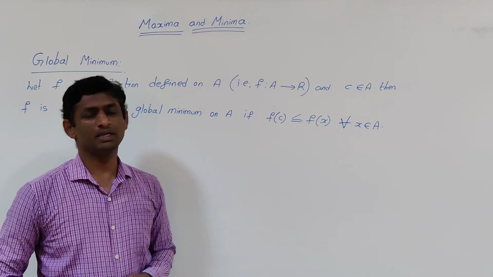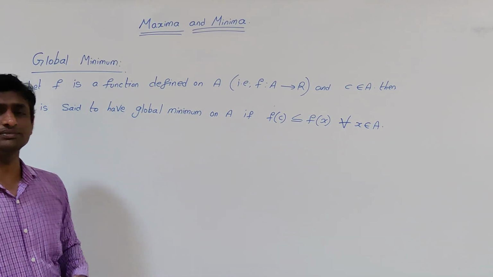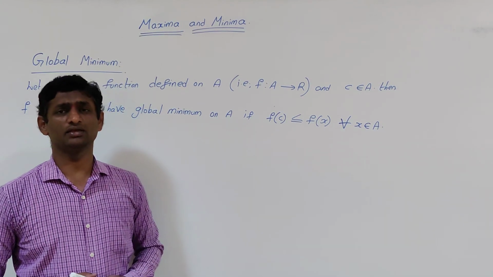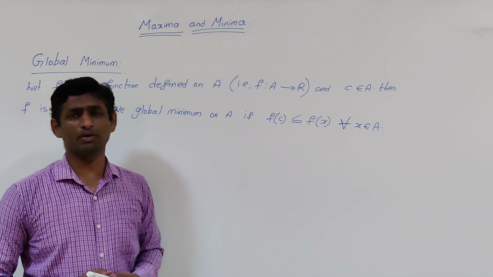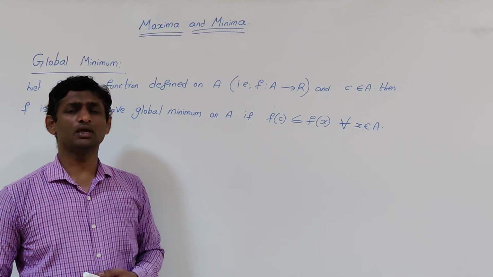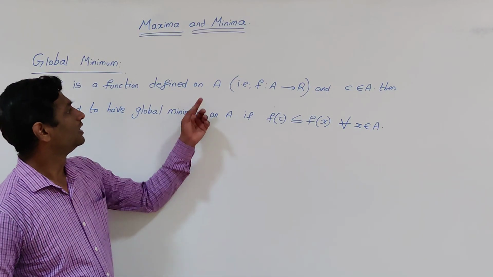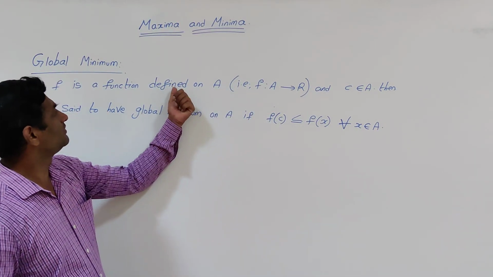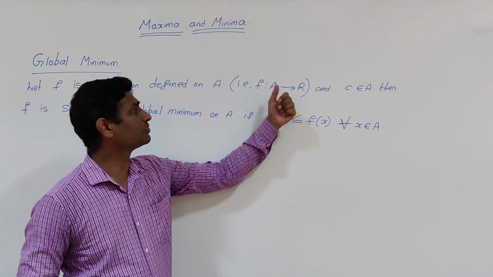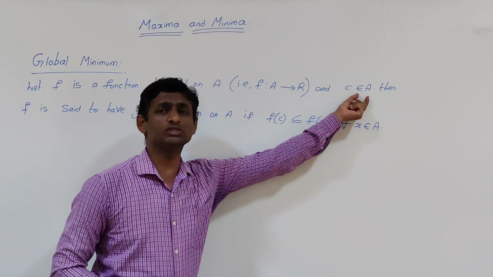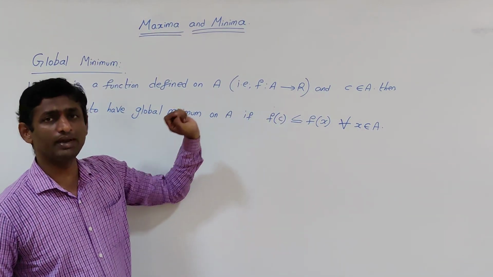Global minimum. Let f be a function defined on A, where A may be any interval, that is, a closed interval [a, b], an open interval (a, b), a half closed interval, or a half open interval. Defined on R, that means f is a mapping from A to R, where the domain is A, and C belongs to A, meaning one element belongs to the domain.